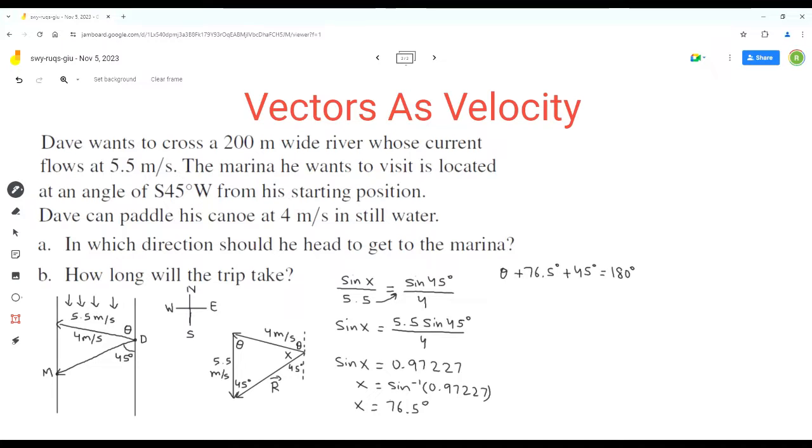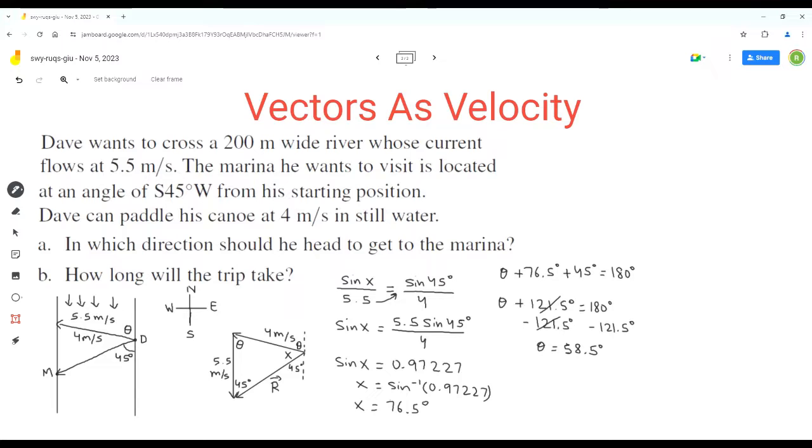So we can use this equation to find the value of angle theta. So I got 58.5 degrees.